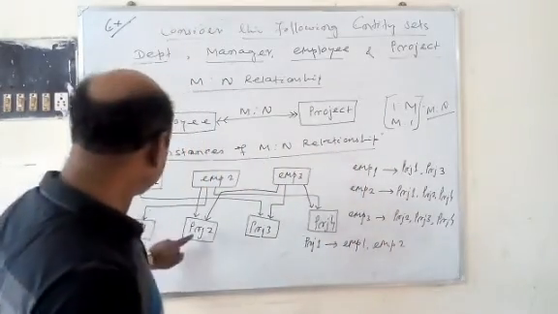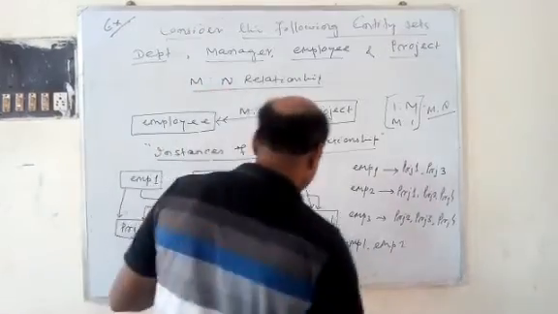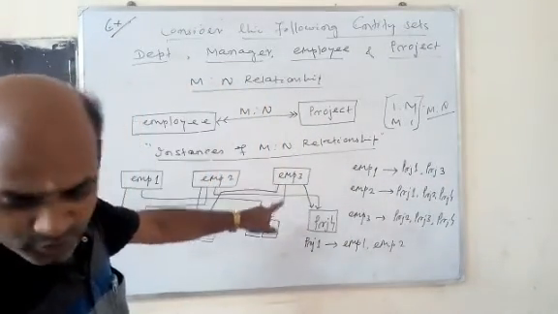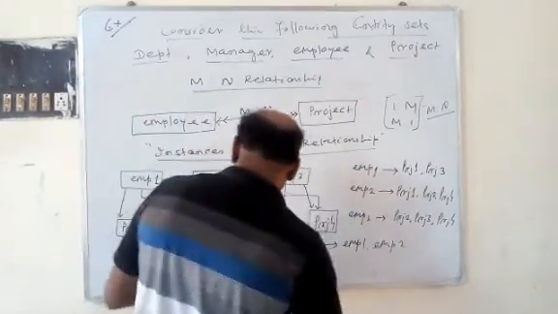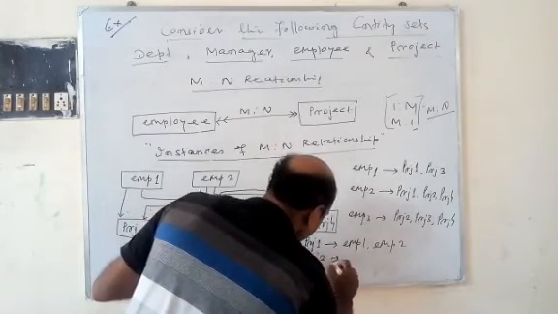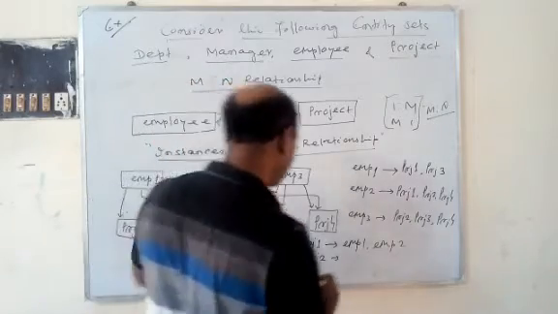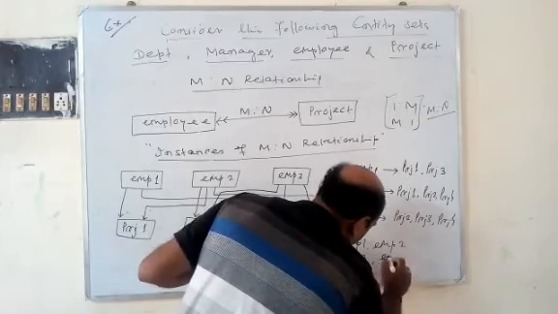Okay. In project 2, there are employee 2 and employee 3. So we can also write an arrow mark in both the directions. In project 2, there are 2 employees, employee 2 and employee 3.